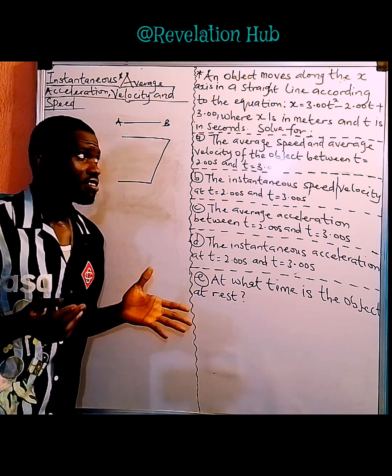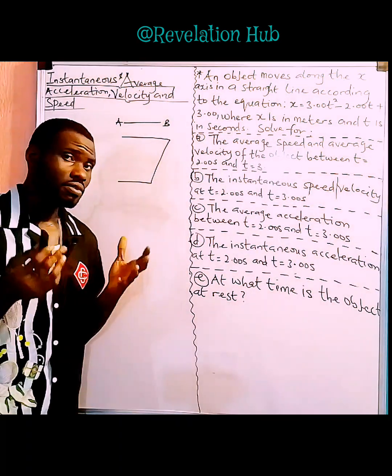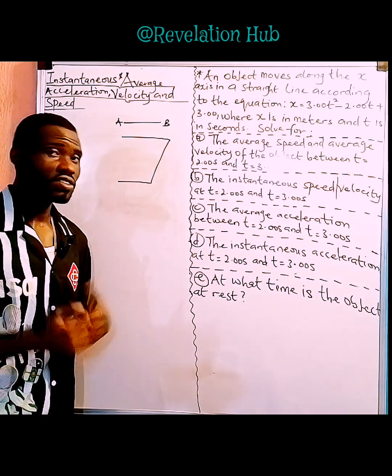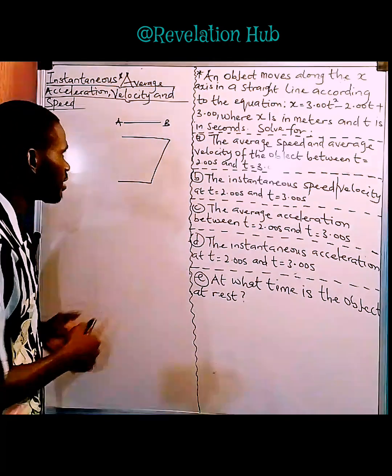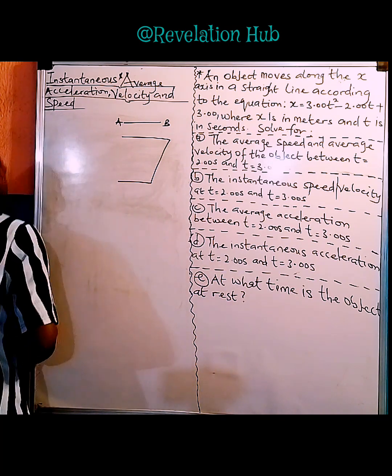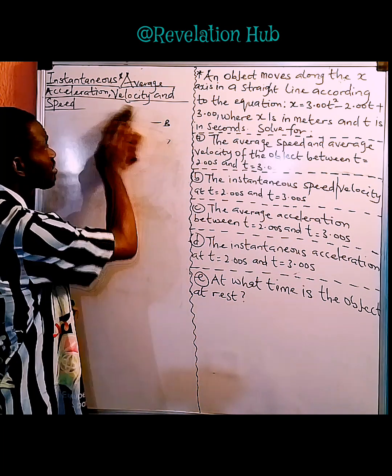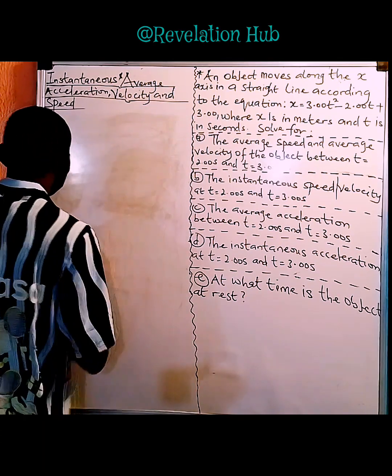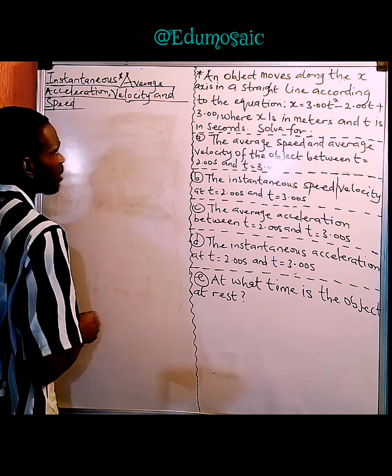So it means we can get average velocity, which is displacement over time taken, and average speed, which is distance over time taken. The first thing we are going to do is write out our equation.